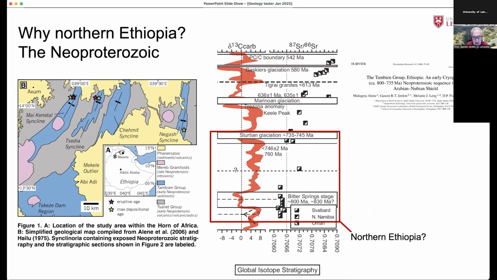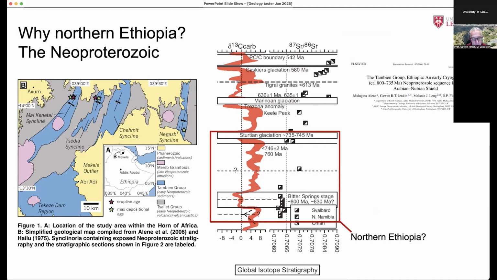So we've got a red box here, northern Ethiopia on this time chart. We're now going time upwards. And we can see that red band, which is the carbon isotope signature of the carbonate rocks. Now, we don't need to worry about exactly what that is. There's a horrible squiggly delta symbol there or whatever. It's just the ratio of carbon 13 to carbon 14, and it tells us something about carbon cycling.